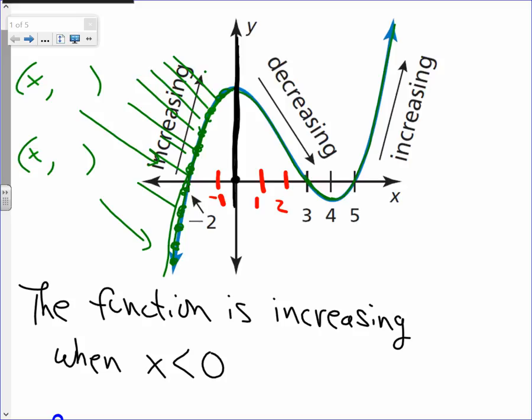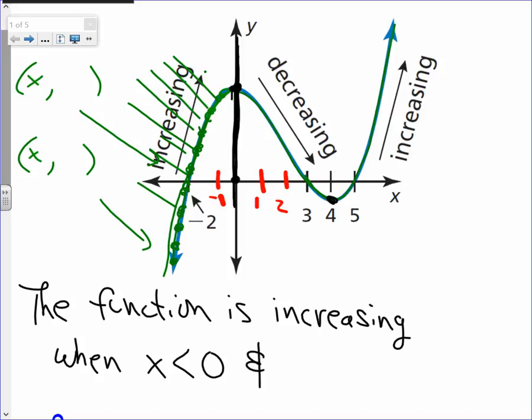Once x is 0, right here, it's no longer increasing and no longer decreasing. It's just right on top of this little hill. But after x is bigger than 0, say 0.1, 0.2, 0.3, it's starting to decrease. It keeps decreasing. As soon as x gets to 4, it stops decreasing and starts increasing again.